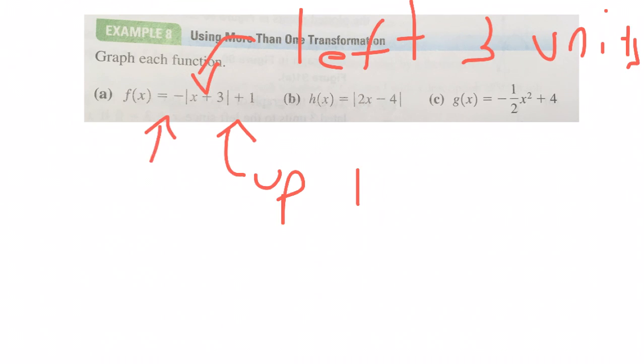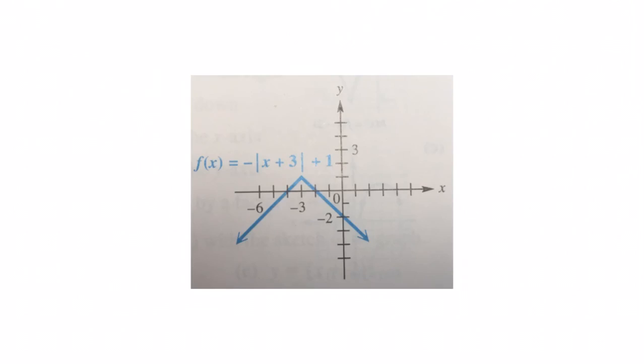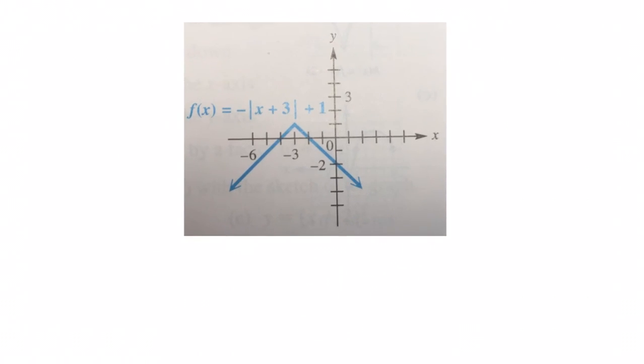Then the minus sign on the front means that it's reflected or flipped across the x-axis. So if we go ahead and graph this function f of x, it should look like this.